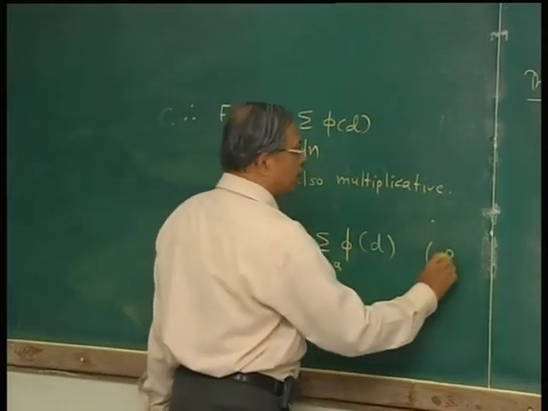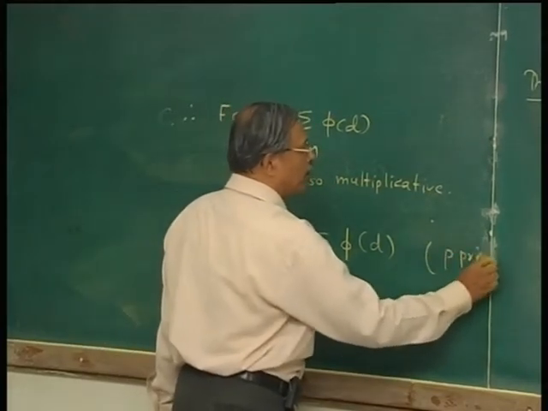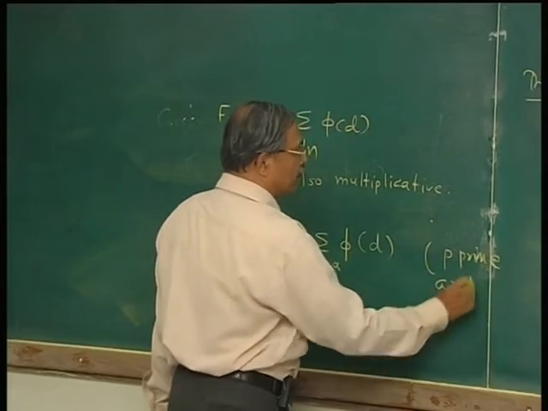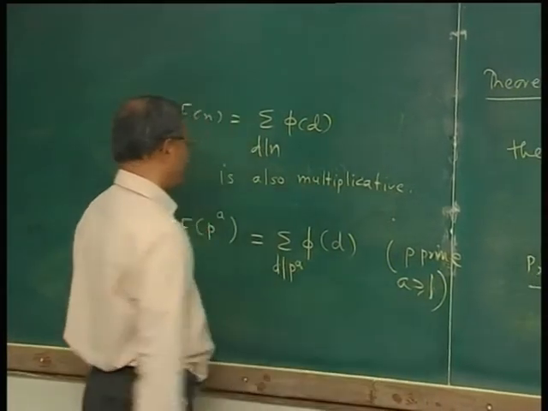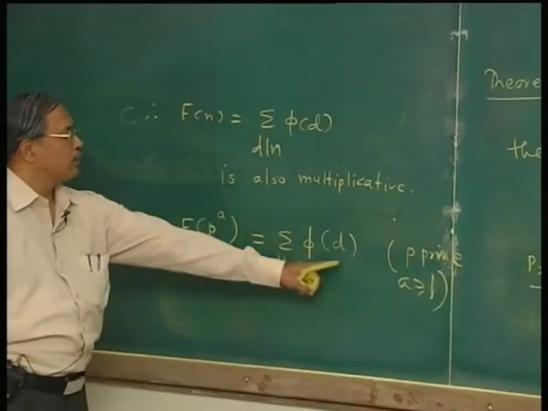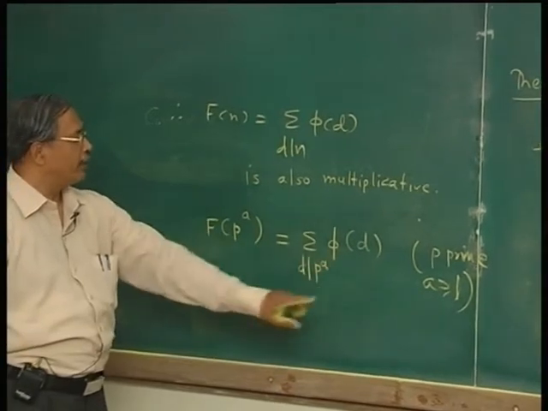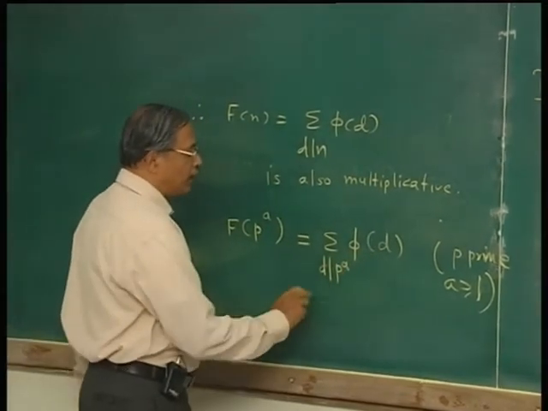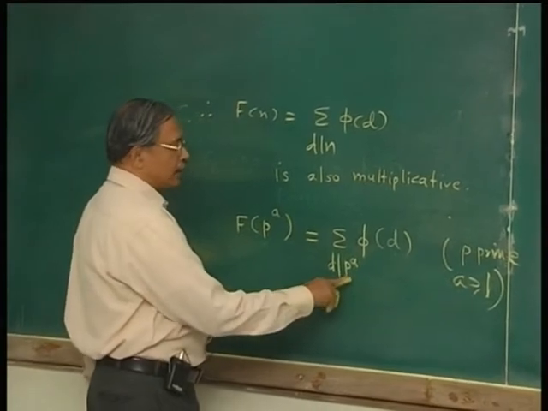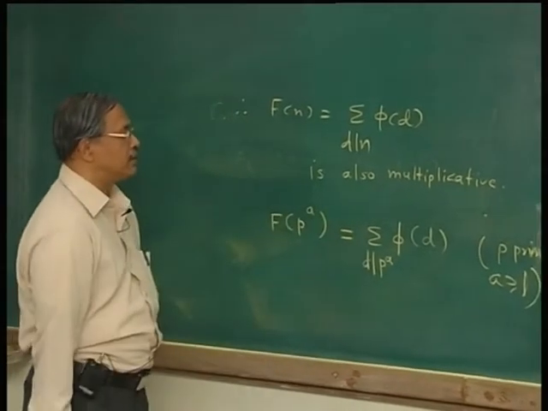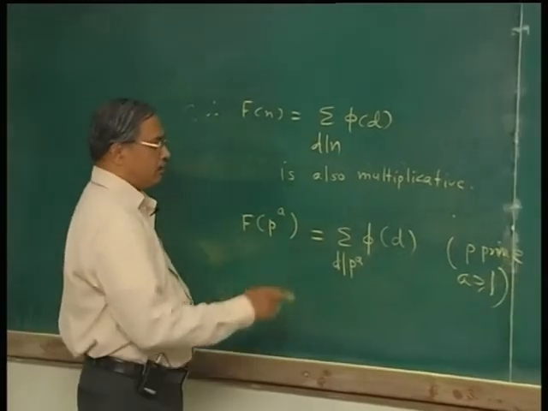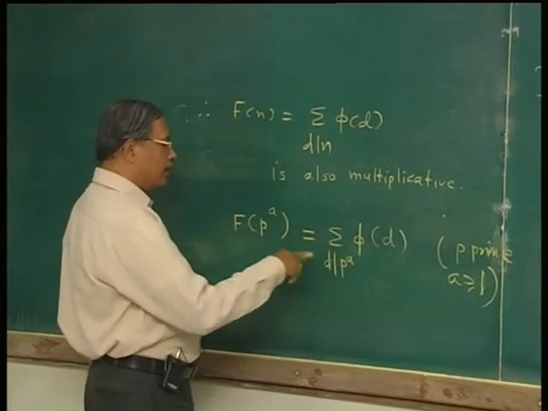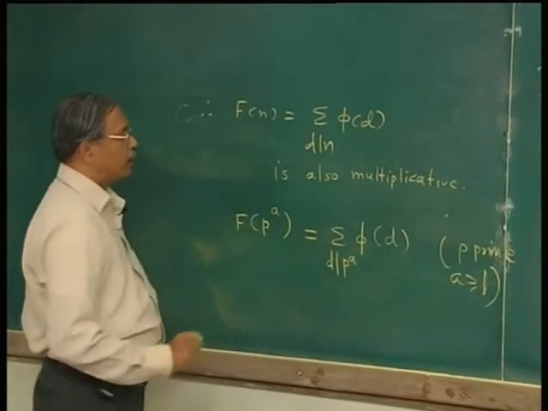Here p is prime, a bigger or equal to 1, that is assumed. And now write down the values of phi d for various divisors. So any divisor d of p raised to a will be p raised to b, where b is less than or equal to a and it's a non-negative integer.